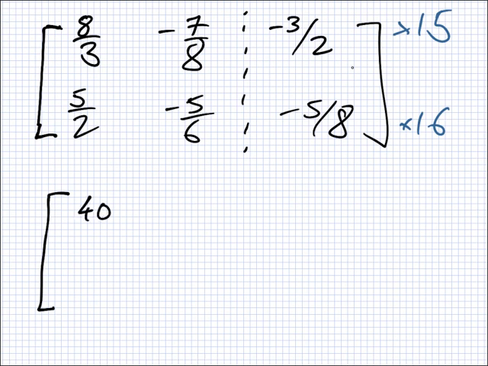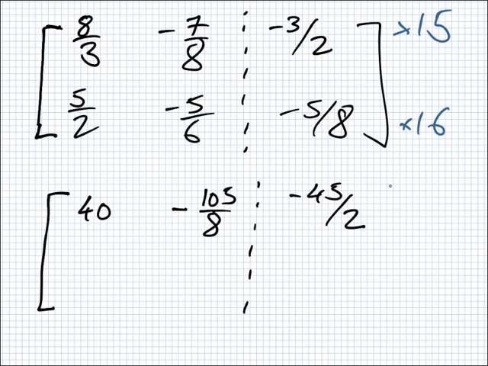And minus 7 over 8 times 15, I don't think that's going to be anything nice. I think that's going to be 105 over 8, is it? Yeah, it's 105 over 8. Minus 45 over 2. We'll keep them as fractions now.